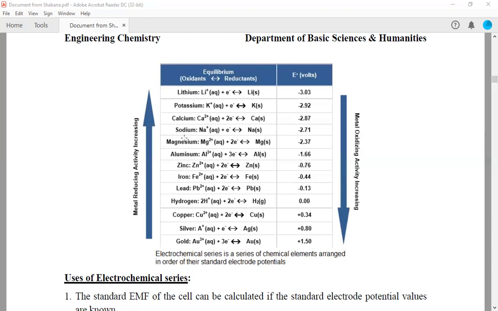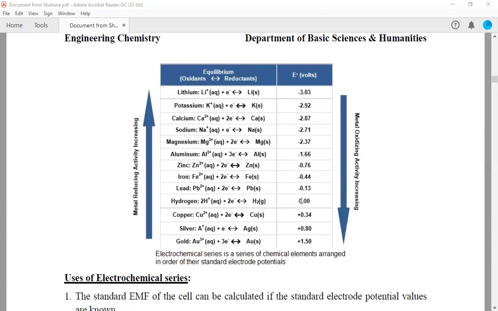So sodium reacts with water to liberate hydrogen because the electrode potential of sodium is minus 2.714 volts, which is less than the electrode potential of hydrogen, because the electrode potential of hydrogen is 0. The value is more when compared to that of sodium.